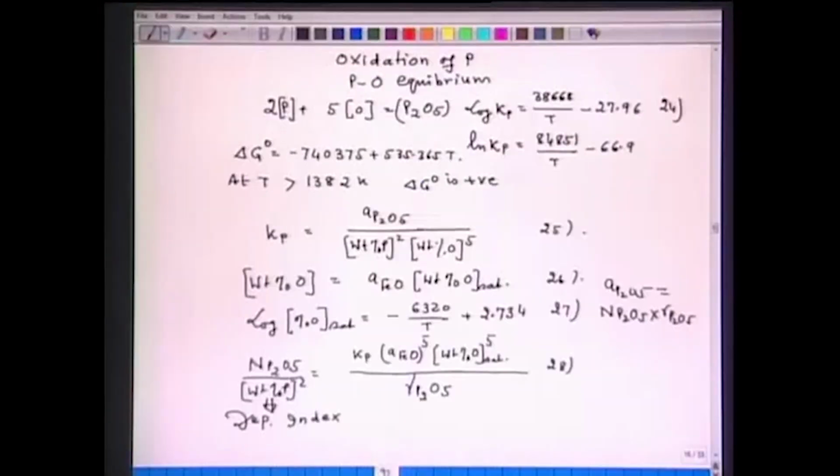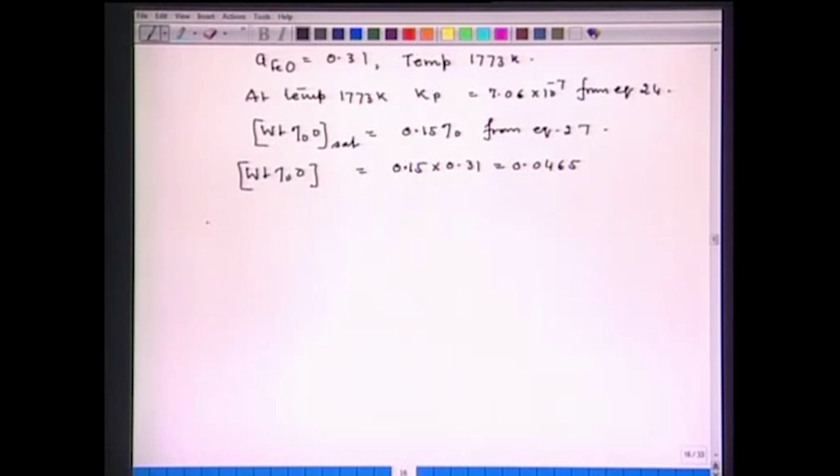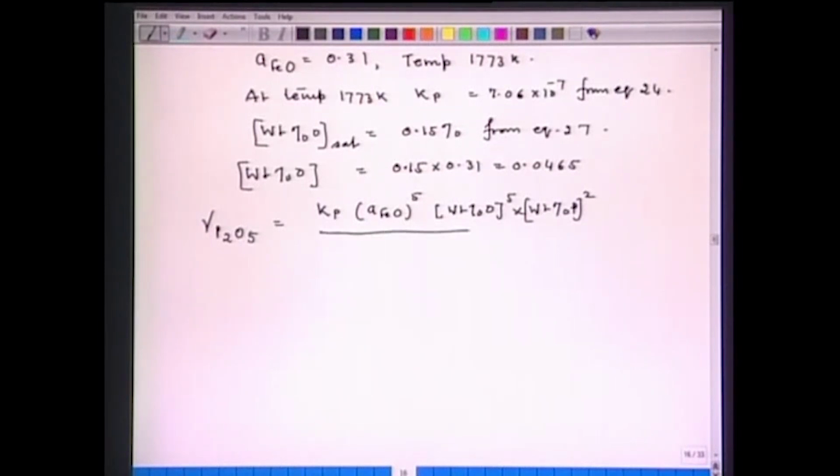Now if I substitute all these values into equation 28, then I will get gamma P2O5 equal to Kp, activity of FeO to the power 5, weight percent O to the power 5 into weight percent P squared, upon Np2O5.